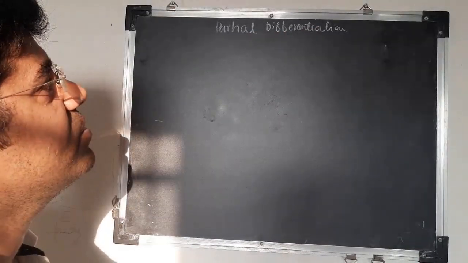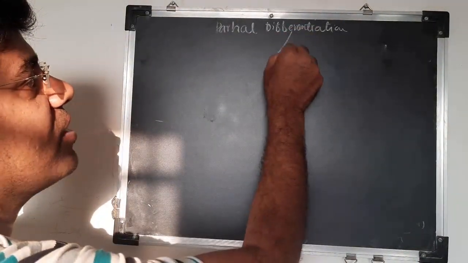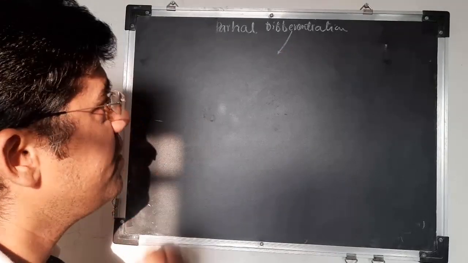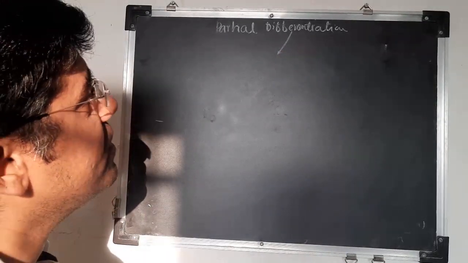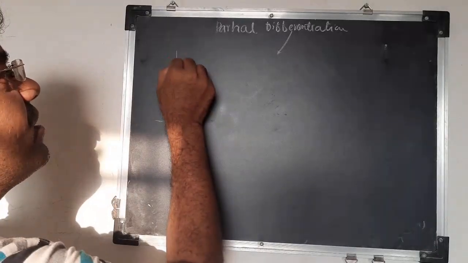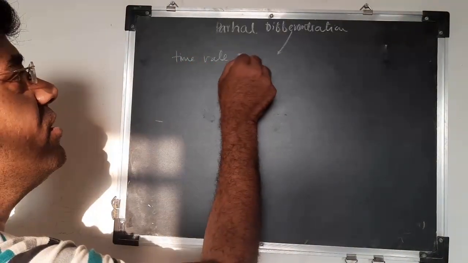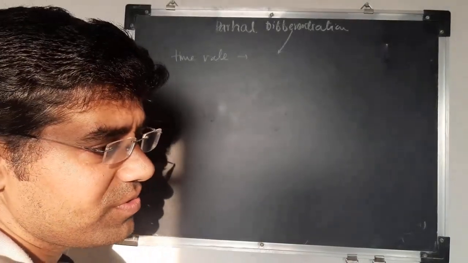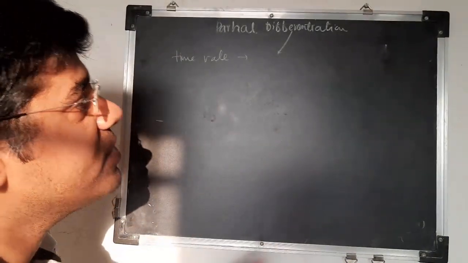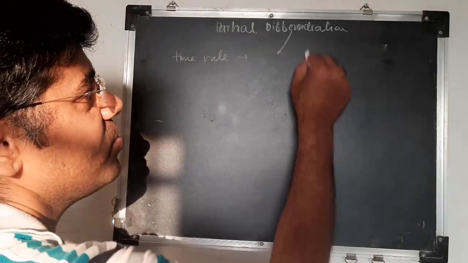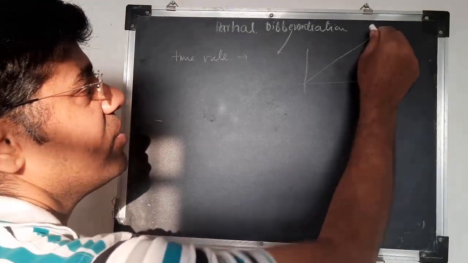Okay, so this gives how fast or how slow your function varies. Now in physics several terms are there. First is the time rate. Example, time rate means what? This is rate of change of velocity, that will give acceleration. Rate of change of displacement, so suppose this is your constant.